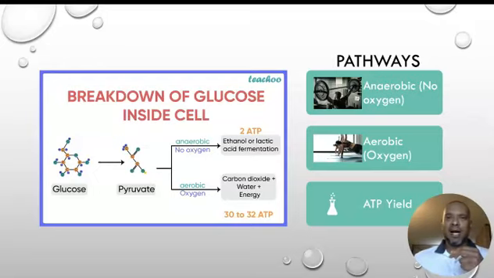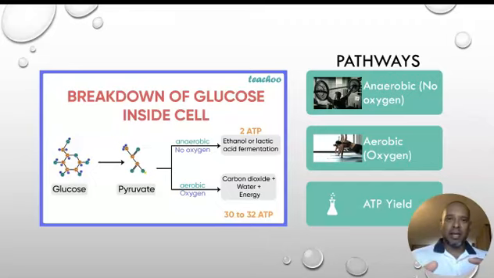This pathway is fast, but not very efficient, and typically used for short, intense activities like sprinting, weightlifting, powerlifting, gymnastics, and wrestling. Then we have the aerobic pathway, which uses oxygen. Here, glucose is also broken down into pyruvate, but this time the pyruvate enters the mitochondria, the energy powerhouse of the cell.